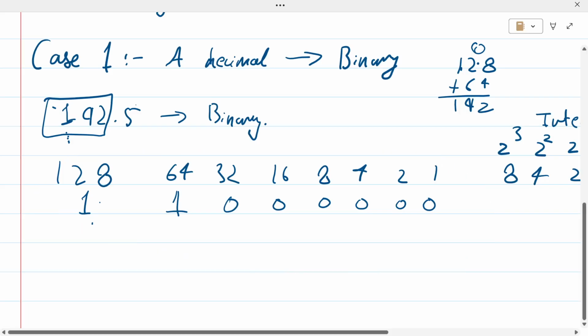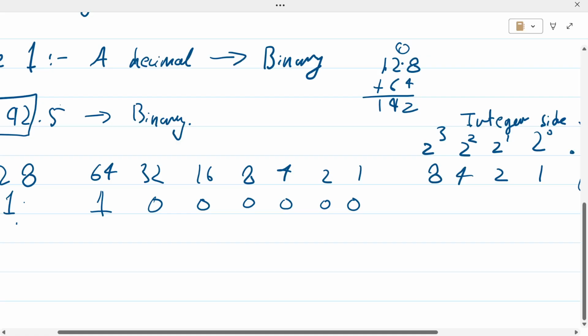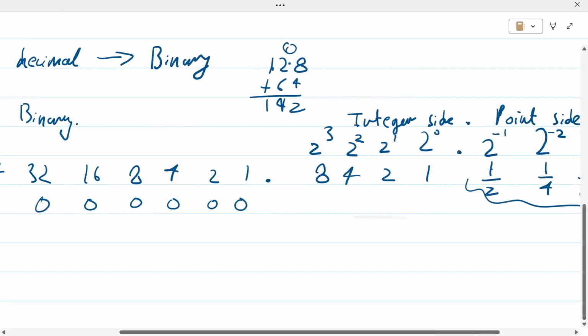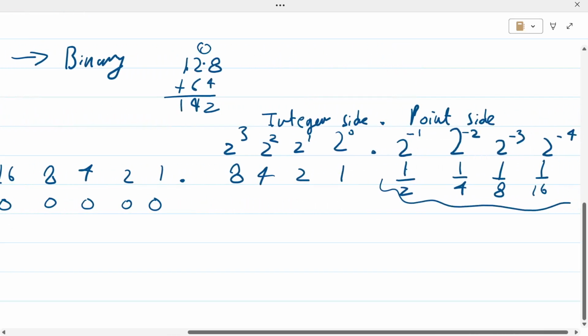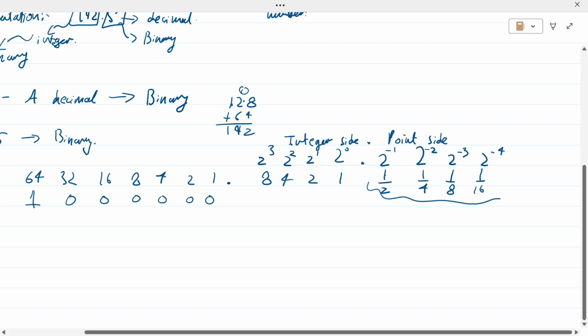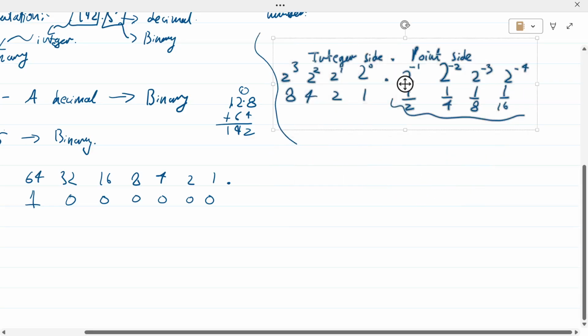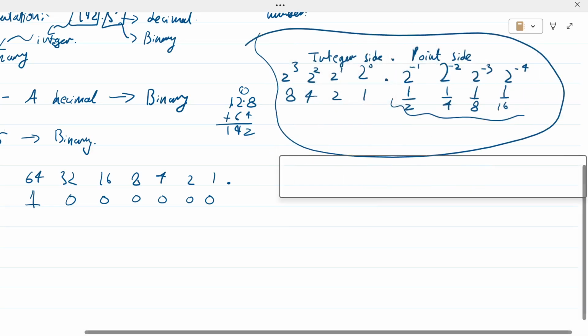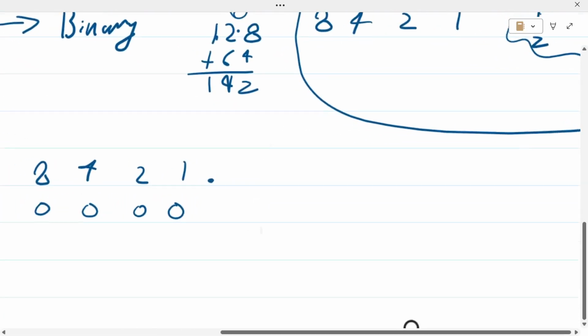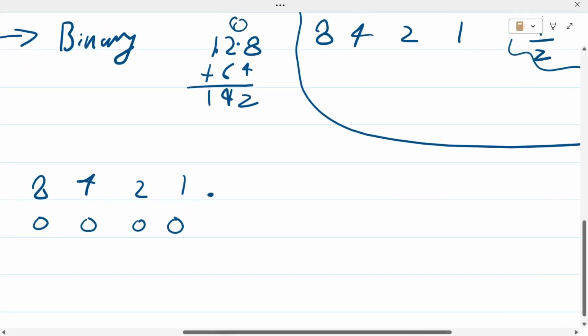The only new thing in the first step is that you also write the fractional part for that as well. I'm not going to remove this, I'm just going to put it at a side. Okay. This is how you write it.